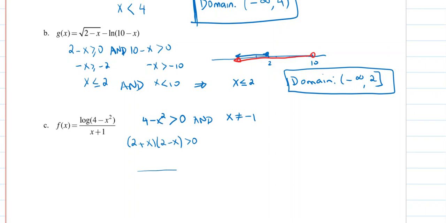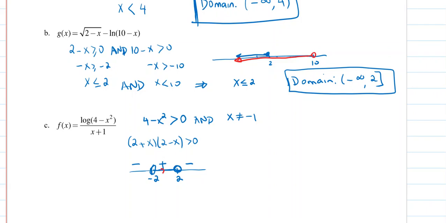And for that, remember, we can make a sign chart. Now we can do it pretty quickly. Key numbers there are negative 2 and 2. The sign starts out negative out here because the leading term is negative x squared. And then they're all just to the first power, so you switch all the signs. So greater than 0 happens here. But we can't have x equal to negative 1.